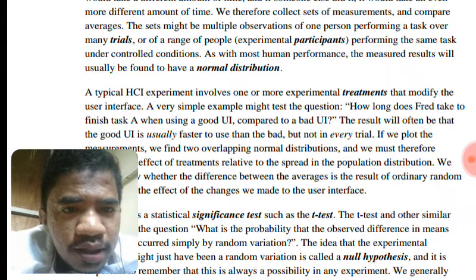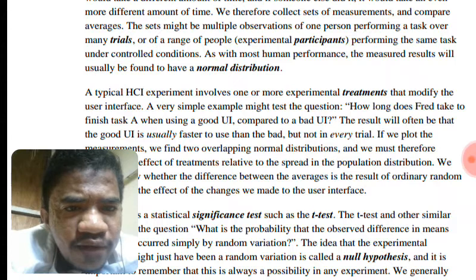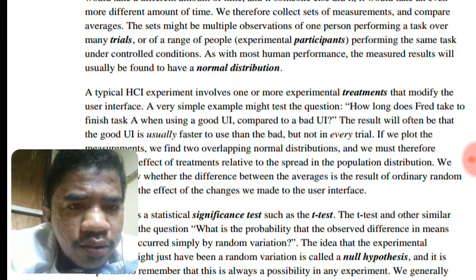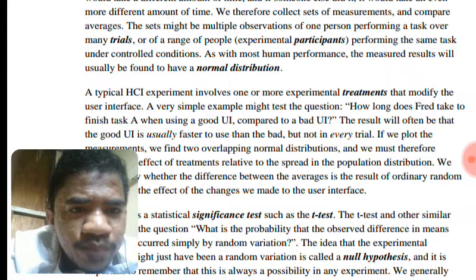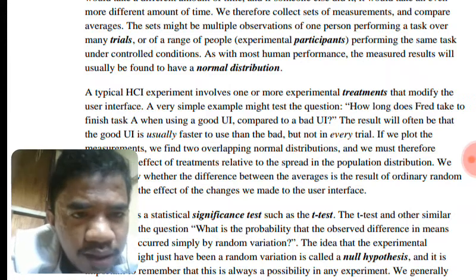A typical HCI experiment involves one or more experimental treatments that modify the user interface. A very simple example might test the question, how long does Fred take to finish task A when using a good UI compared to a bad UI?